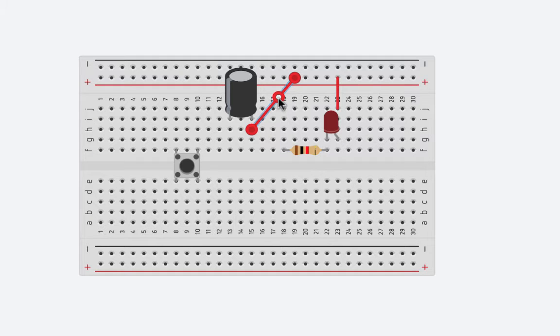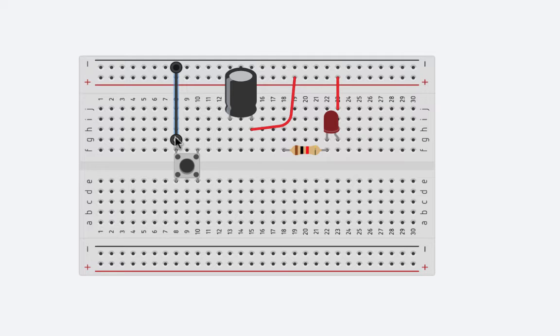I'll just double click on that so I can put a bit of a bend in it so it's a little bit more clear. And I will need some wires to connect my ground. Oh, didn't do that from ground. Ground to my push button.